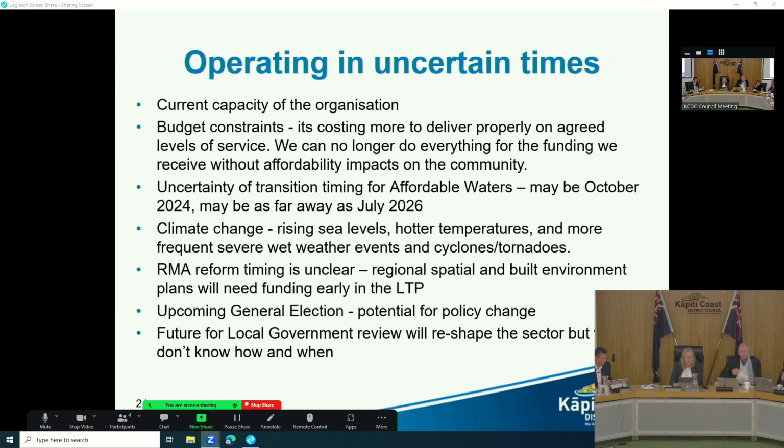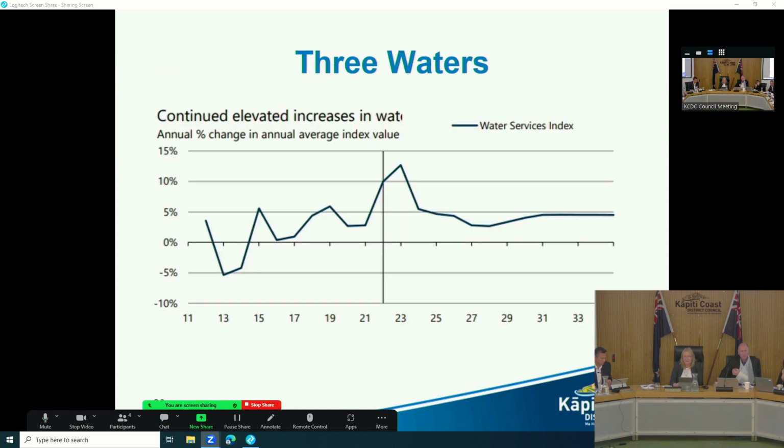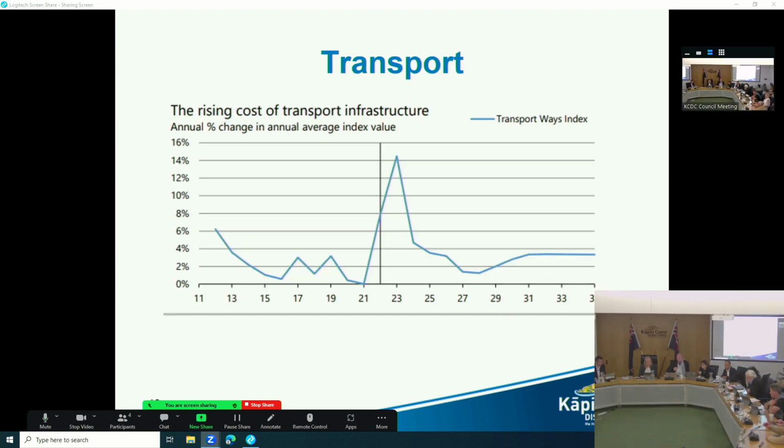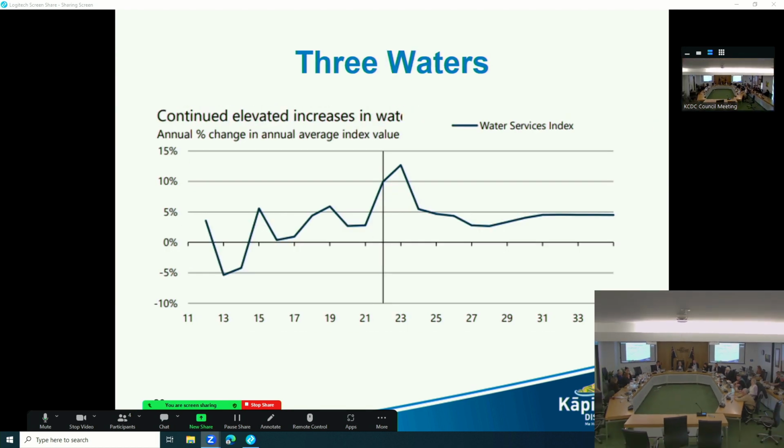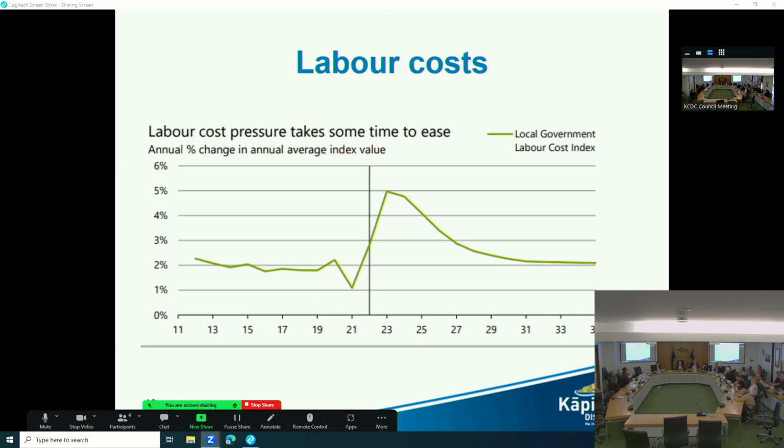So can I just ask a question in relation to labour costs? Hang on, Nigel, just wait for your microphone. I just wanted to ask a question in relation to the graph on labour costs. Given that we're in a relatively low-wage economy already, and inside local government there are enormous pressures, this council is a good example of having to compete in a very competitive market.